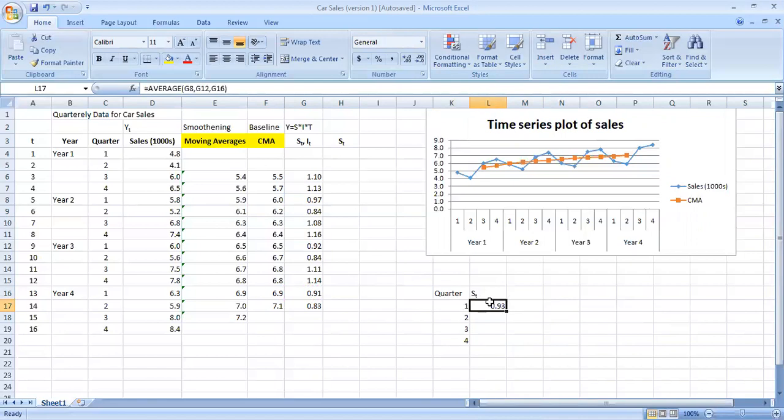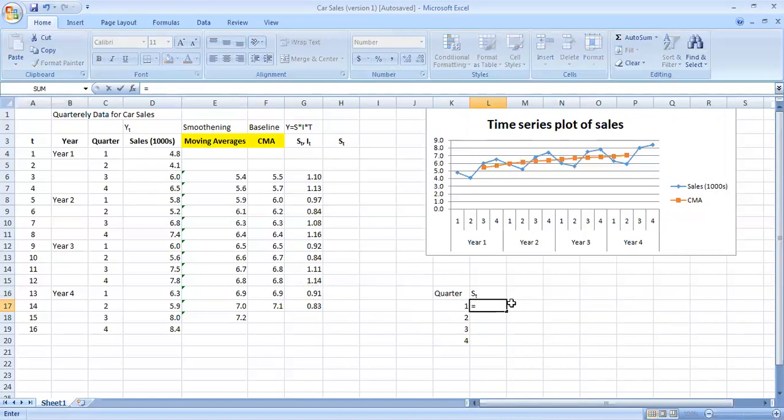We can do this one by one only if our data set is a small data set like this. But if we have taken the time series data over the past 20 years, doing this would be a little bit complicated. So instead of doing this, you can follow this particular technique.